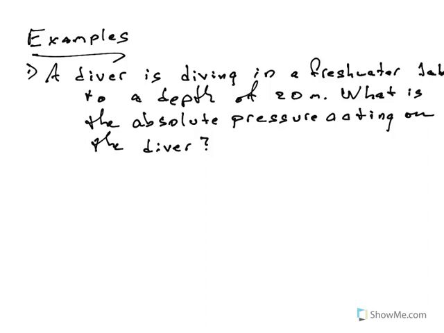So, first thing we know is when we want to find absolute pressure, what we need is atmospheric pressure. So that's just the pressure you feel because you live on Earth, plus the gauge pressure, which is the difference in pressure from atmospheric to whatever it is you're doing. Well, the first thing to note is that atmospheric pressure is a constant. I mean, relatively speaking, we're going to assume we're at sea level and all of that.